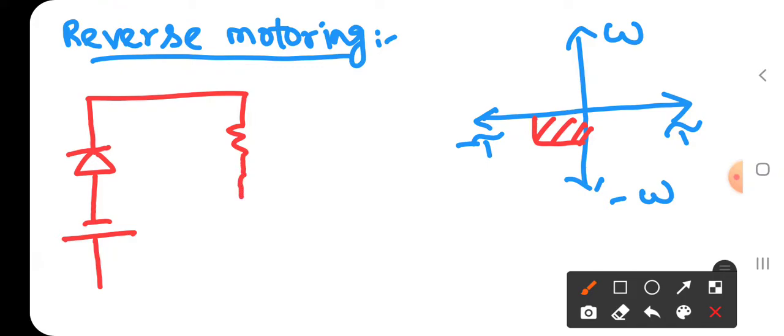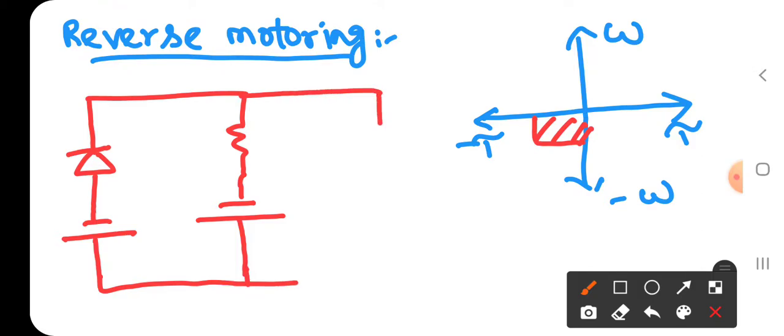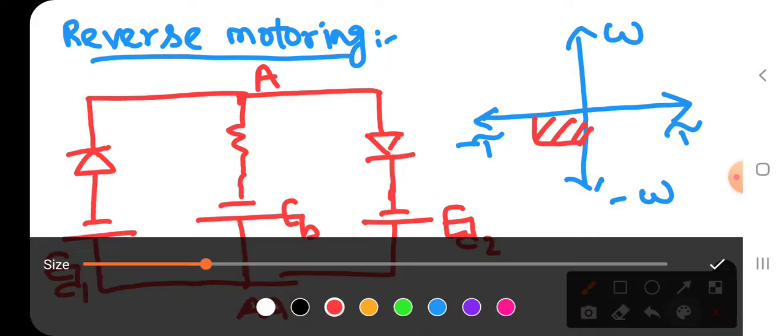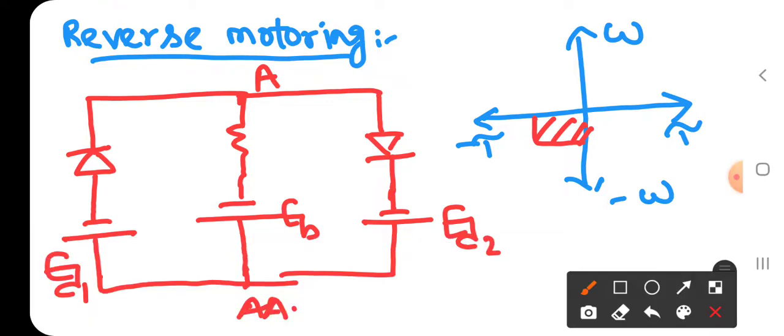Armature resistance, back EMF also negative, and here it is ED2, ED1, EB, AA. Here the armature current flows from AA to A, that is in the reverse direction.